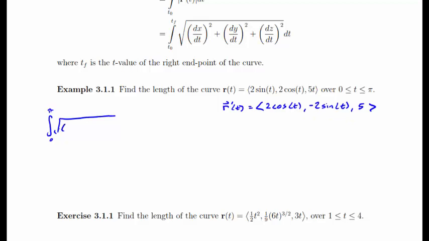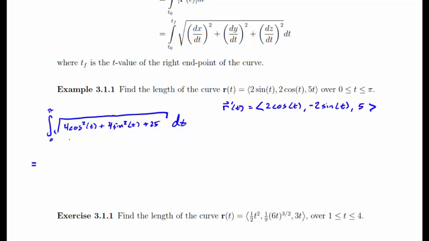So I square the first component and get 4 cosine squared of t plus the square of the second component is 4 sine squared of t. And the square of the third component is 25. And we want to take the square root of all of that and take the integral with respect to t, so dt here.